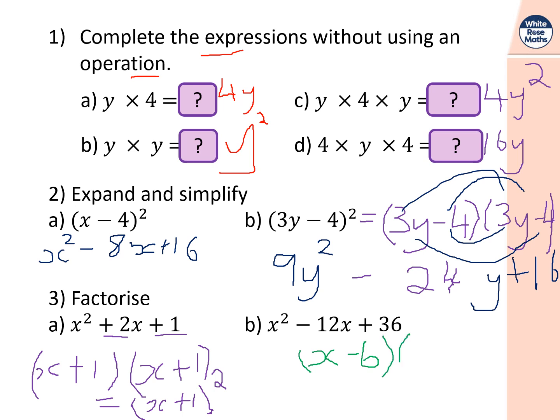So obviously x and x make the x squared. Two numbers that add to give me negative 12 and then times to make positive 36. That'll be negative 6 and negative 6, because negative 6 add negative 6 is negative 12, and negative 6 times negative 6 is positive 36, guys.